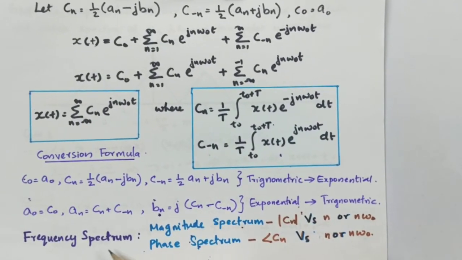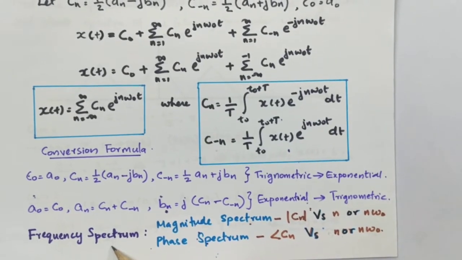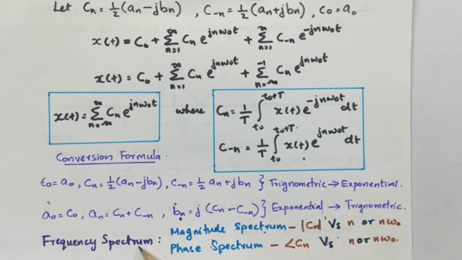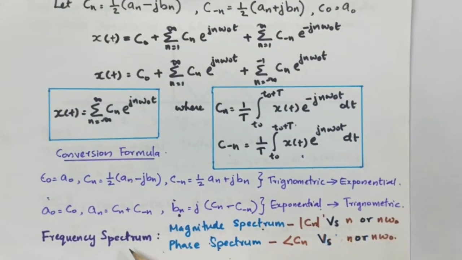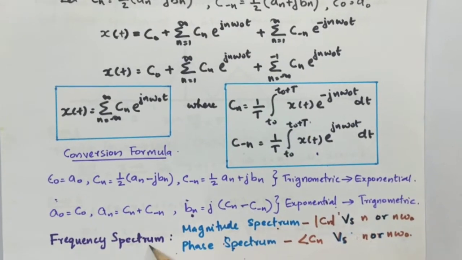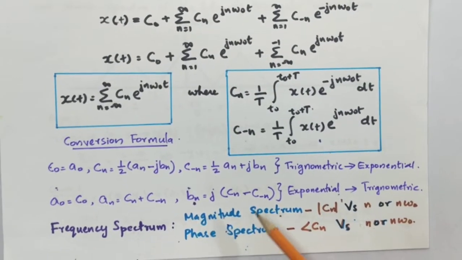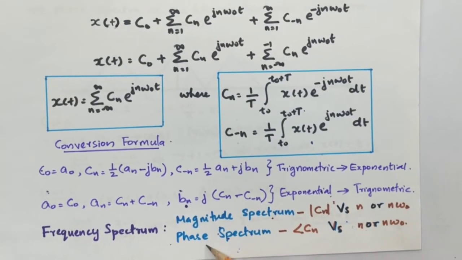Now, what is a frequency spectrum? Hope you remember the term frequency spectrum; we have discussed it in the last module in the case of Laplace. In the case of frequency spectrum we have two spectra, magnitude and phase.